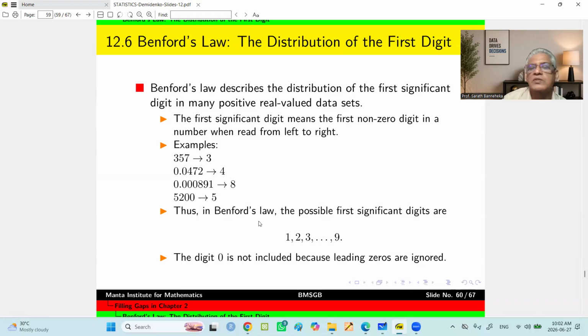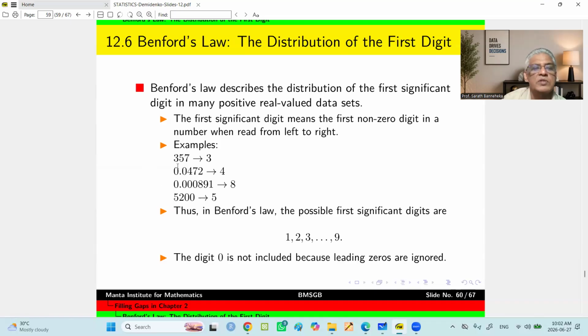Right? Positive, they are considering positive values, not even including zero, right? If there is a zero, then there will be no significant digit. The significant digit is the first digit which is different from zero, right? So the first significant digit means the first non-zero digit in a number when read from left to right.